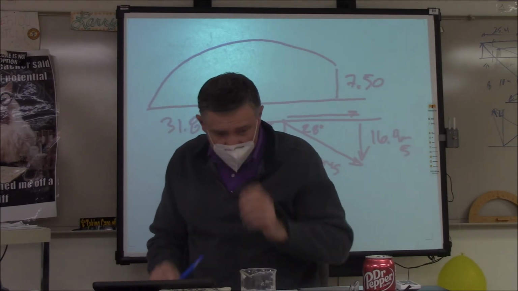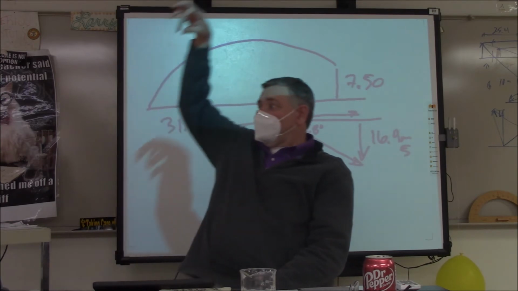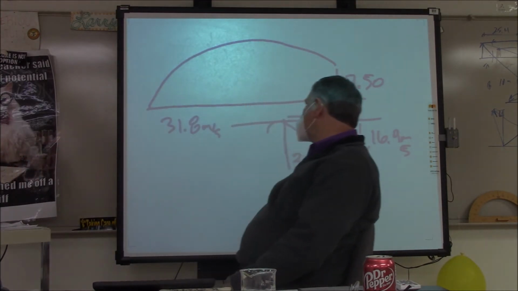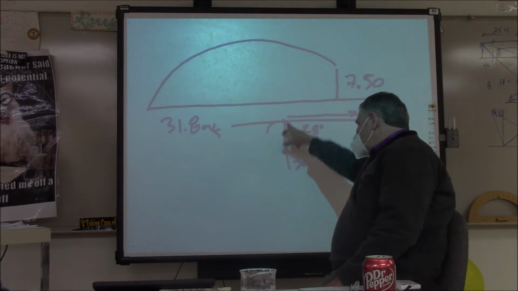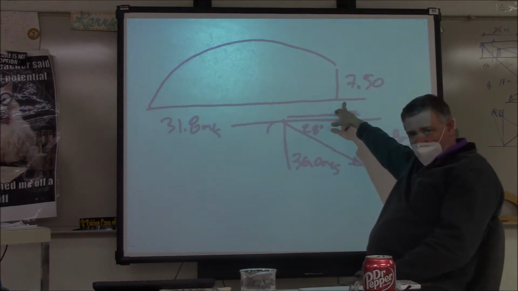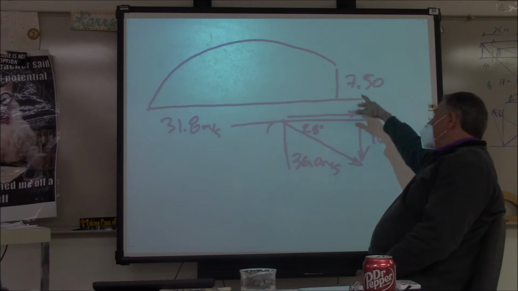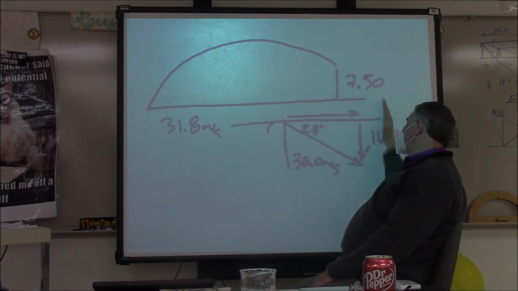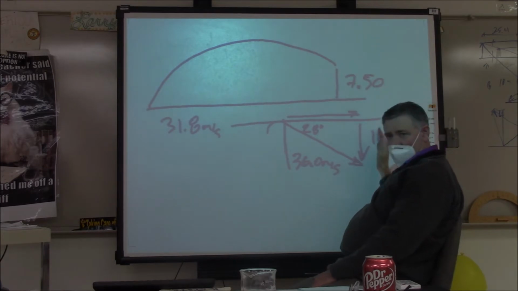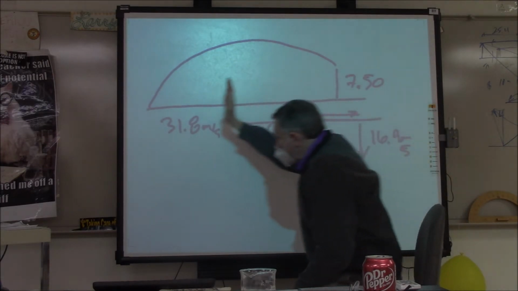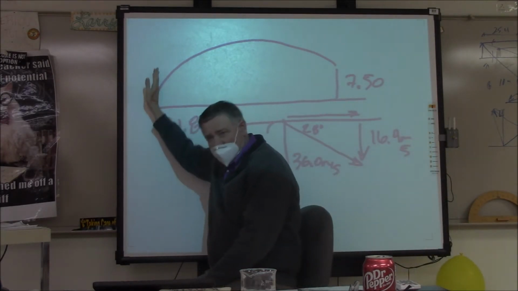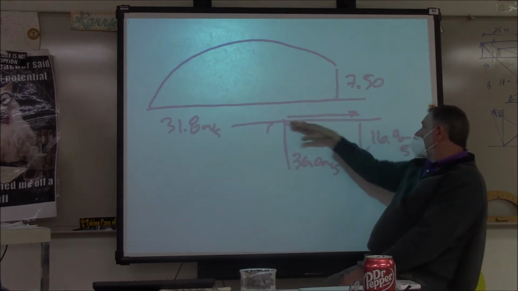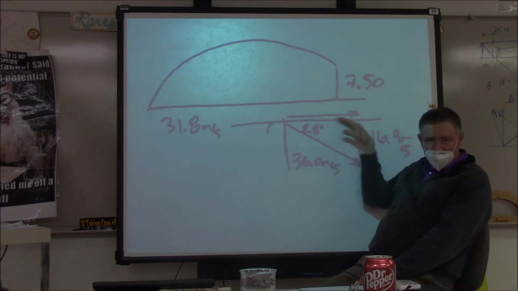So visualize this. Here's this ball that's coming down like this. But it still has 7.5 meters to fall. So here's the big idea: if you can find the vertical velocity when it lands here, that had to be the vertical velocity that it had when it was launched. You already know the Vx because your Vx isn't going to change.